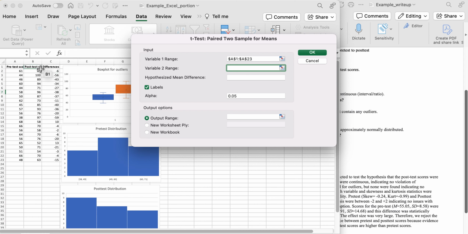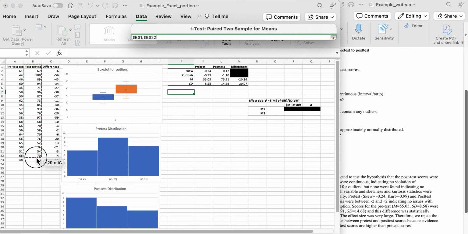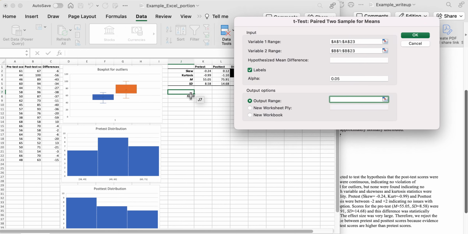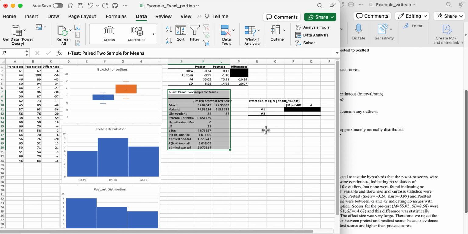So I'm going to also do post test. So there's my selection, and that's where I'm going to put it. And when I click OK, my table pops up here.